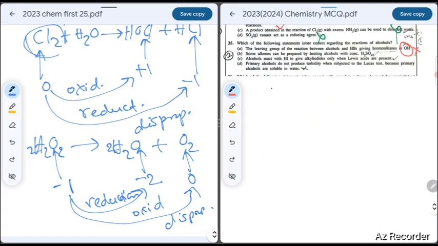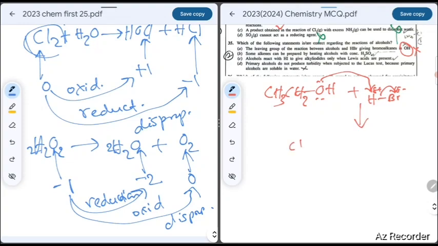Reaction between alcohols. So we'll take an alcohol like this, primary alcohol, with HBr, right? HBr. Here H delta plus, here delta minus. So here oxygen has 2 lone pairs. So it takes this H and here Br gets a lone pair.